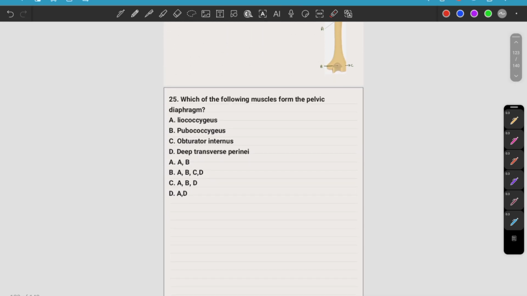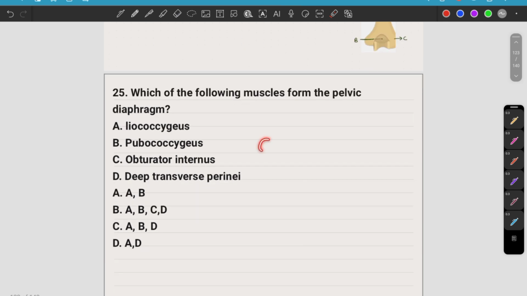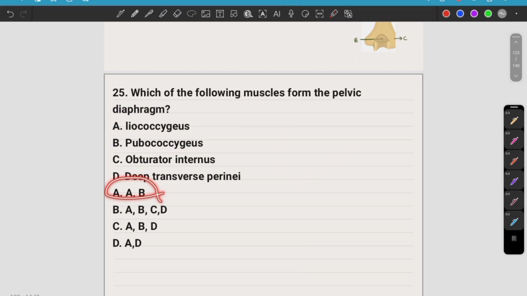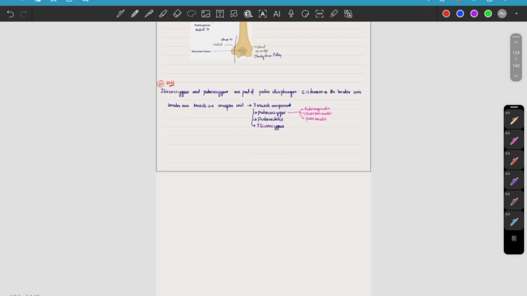Coming to the 25th one, which of the following muscles form the pelvic diaphragm? Okay, this is actually a repeat of the 2022 paper. Iliococcygeus and pubococcygeus, that is A and B, are the answer, which form the pelvic diaphragm, that is the levator ani muscle.